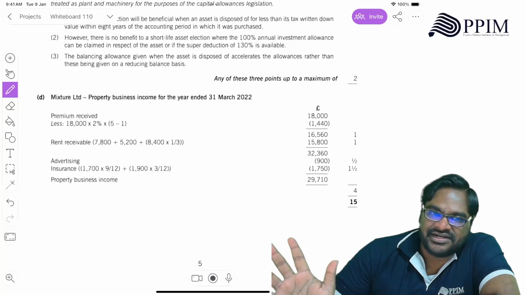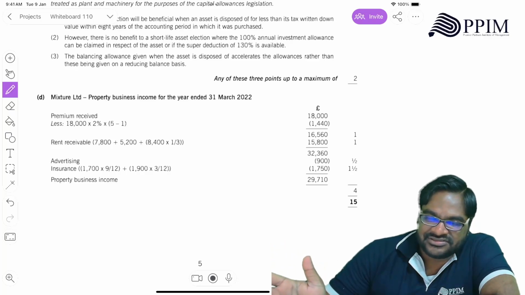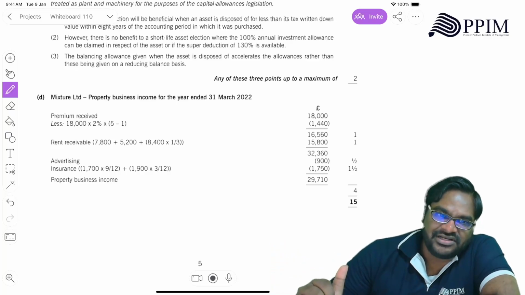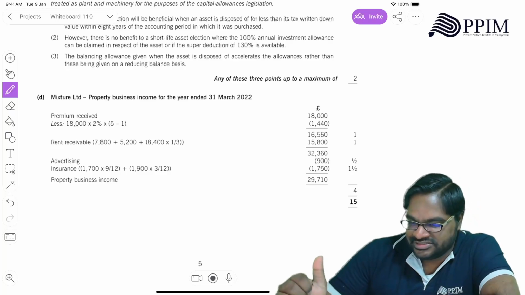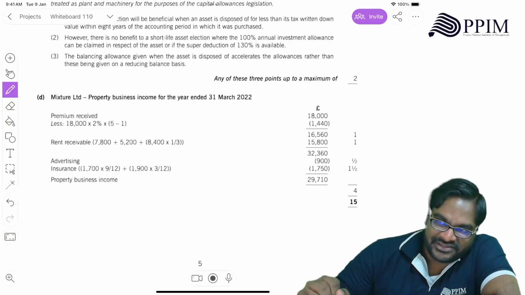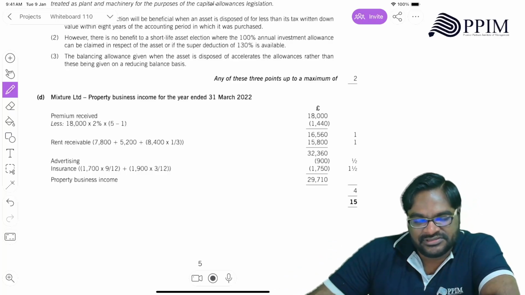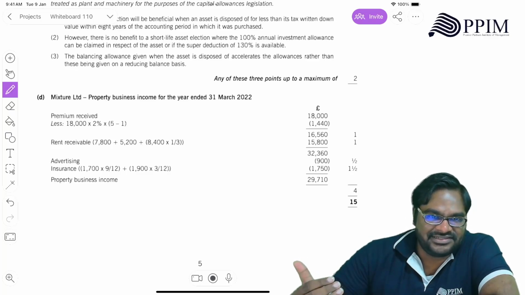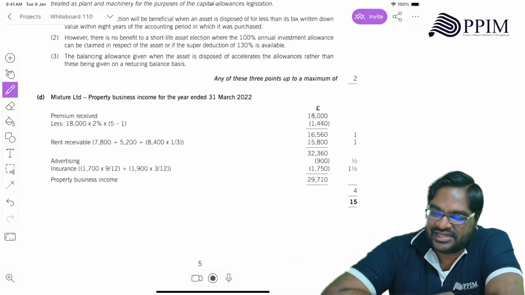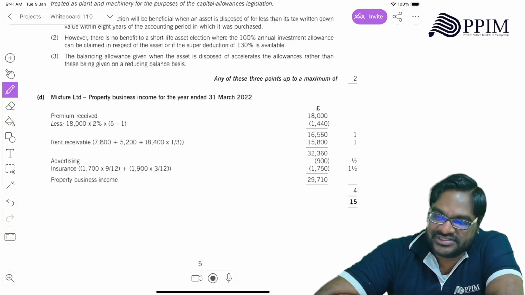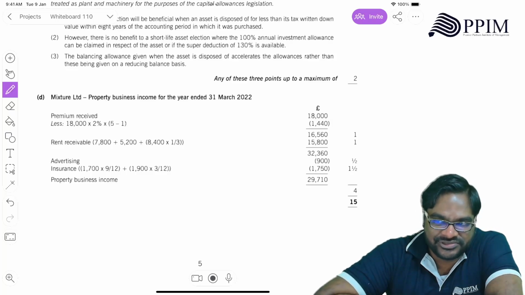Third one is for a quarter ended 31st May. So out of that, only 1 month is falling within the current tax year. So they have taken only for 1 month for that part. 8,400 divided by 3. So just divide by 3. Advertising deducted. Insurance, they have time apportioned and added both together.